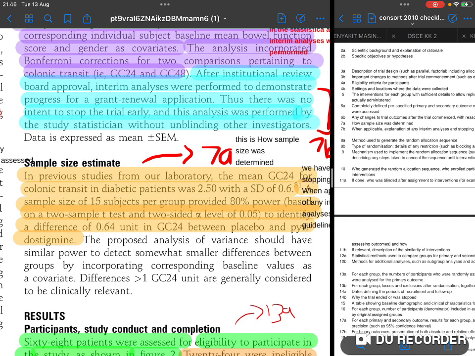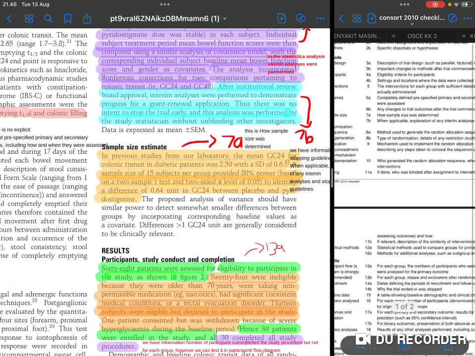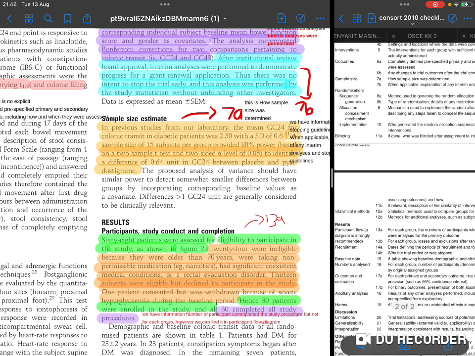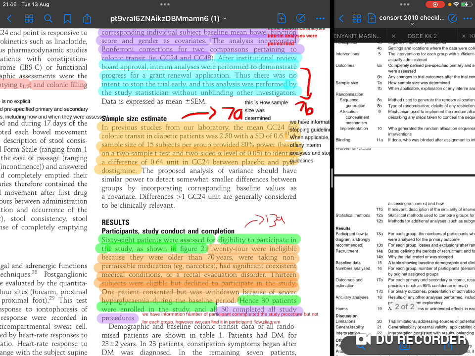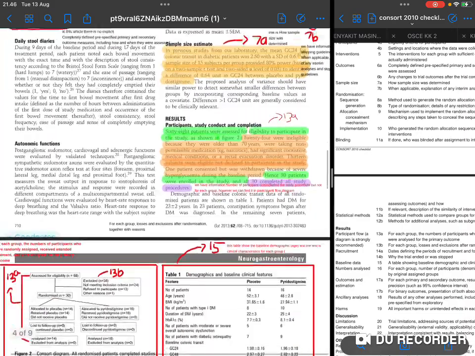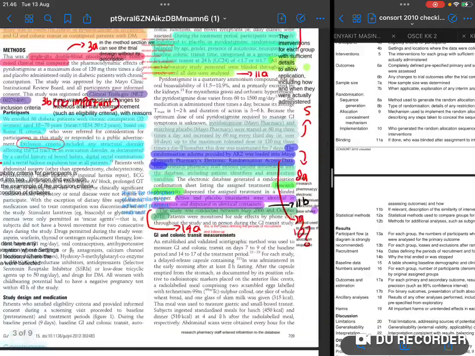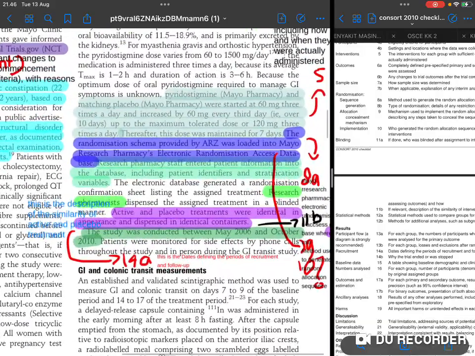Interim analyses were performed to demonstrate progress for a grant renewal application. That's the sample size. And then the randomization containing sequence generation, allocation, and then implementation as well. We can see over here.